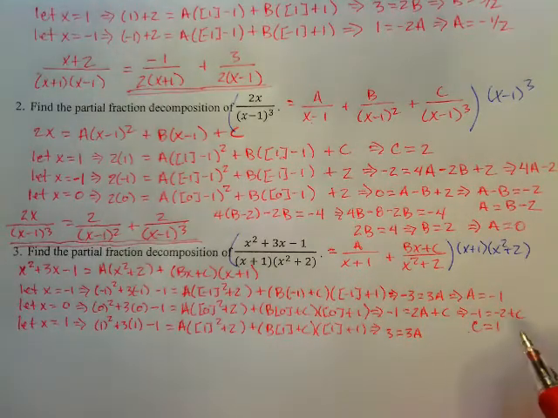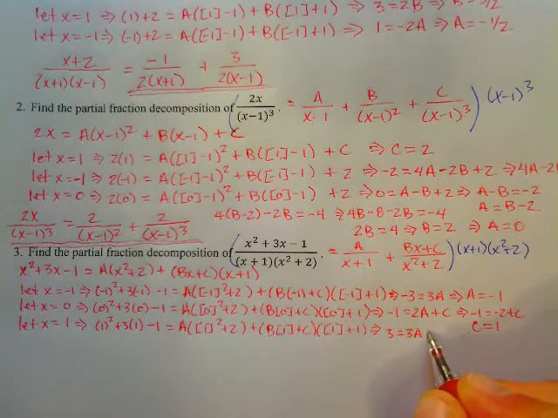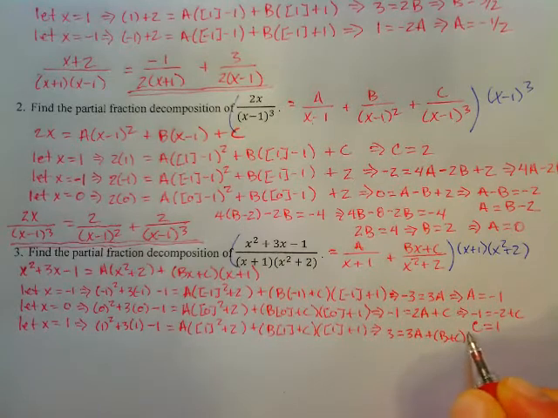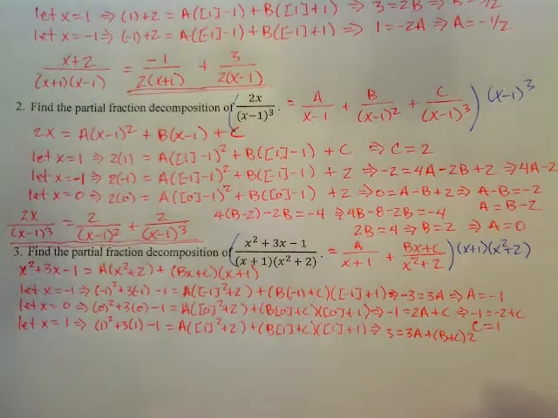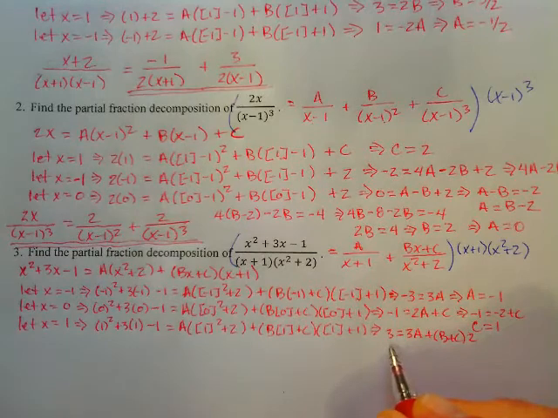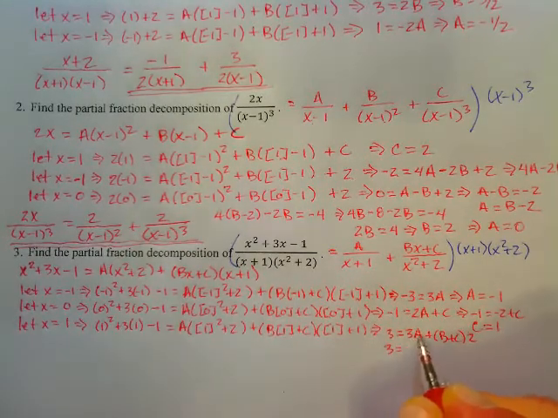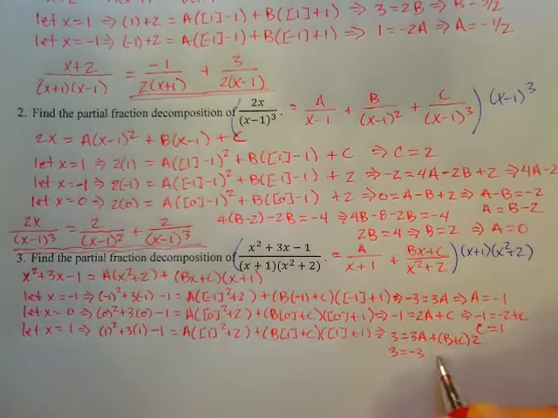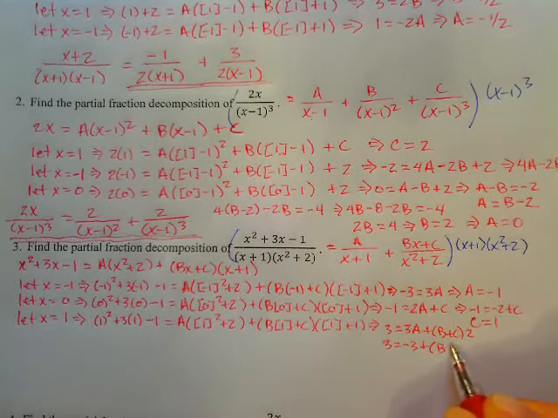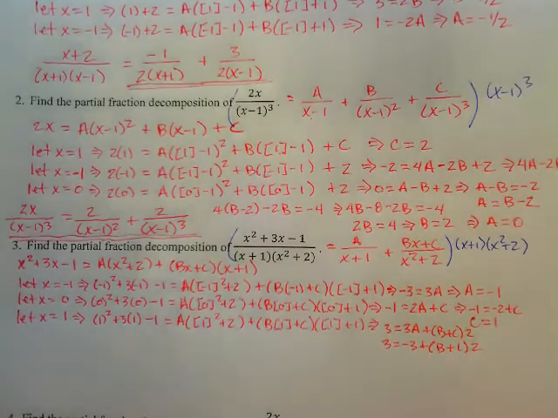But we already know, so we'll go ahead and write that. So b plus c times 2. But we already know what c is, and we know what a is. A is -1, so we're going to have 3 equals 3 times -1 is -3 plus b plus 1, because c is already found to be 1, times 2.